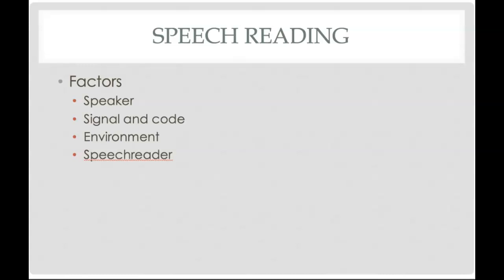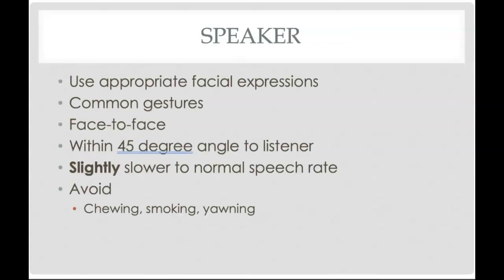I mean, we encourage people to use visual cues because there's a bunch of factors: the speaker, the signal and code, the environment, and then the speech reader. In particular, the speaker. Some things that you want to do and don't want to do if somebody is lip reading is you don't want to use inappropriate facial expressions. You don't want to be too expressive. You want to be face to face.